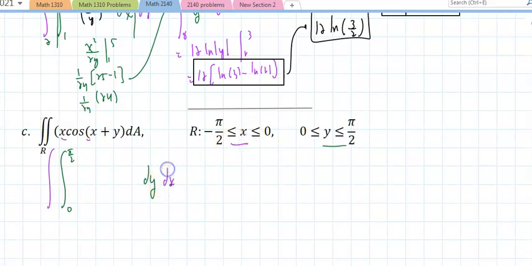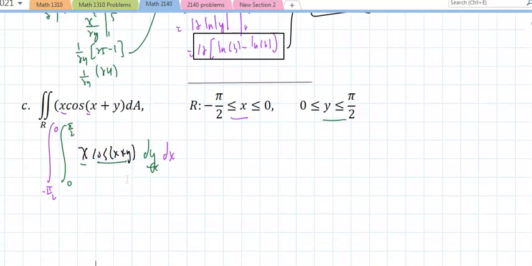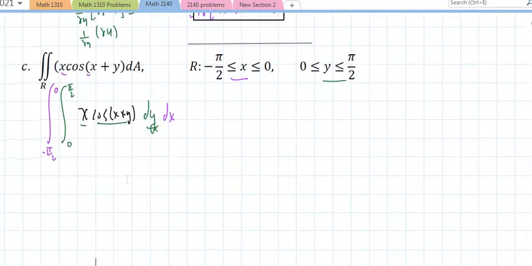And put the x after and run from negative pi over 2 to 0. x cosine of x plus y. By doing this, with respect to y, x is a constant, so I just have to worry about that piece. And that's really one benefit of choosing dy over dx.